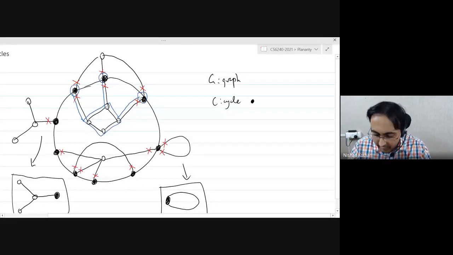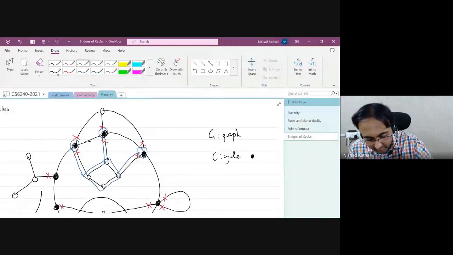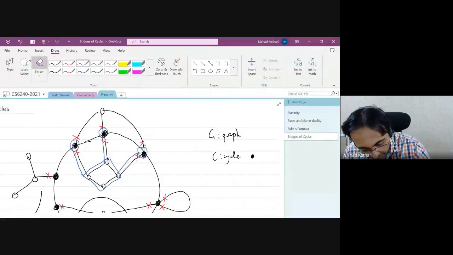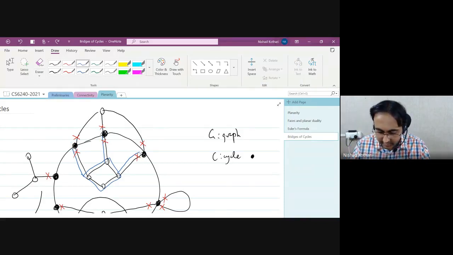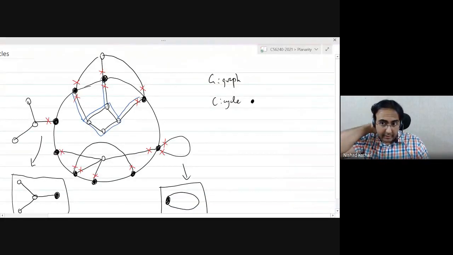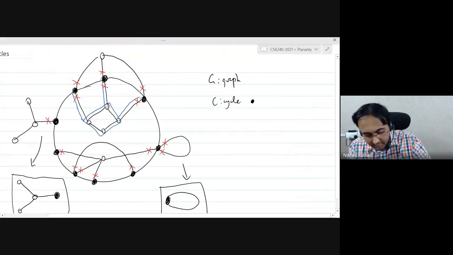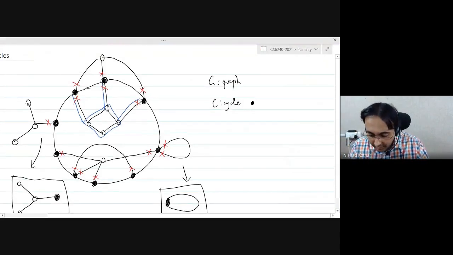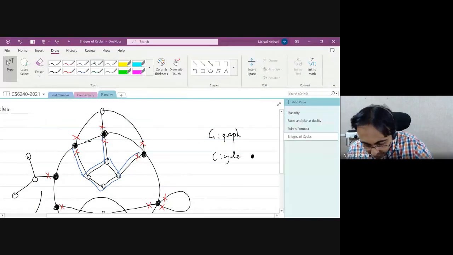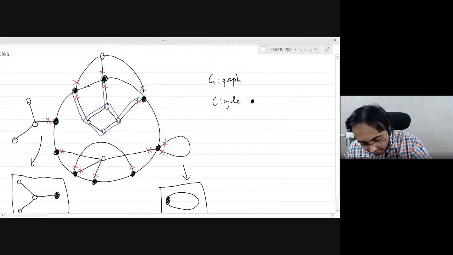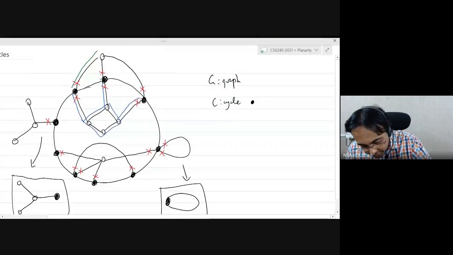But for the sake of convenience, and to not make things very confusing, let me not mark the vertices. Just assume that the vertices have to be taken whenever the edges incident to that vertex are taken. So this is one blue colored bridge. Then you have a bridge here, which is a green colored bridge.